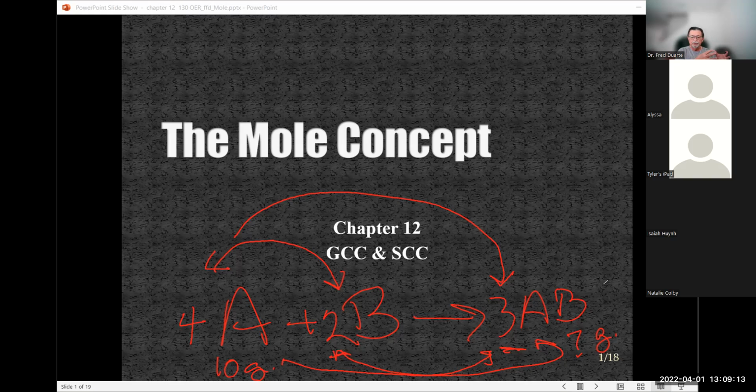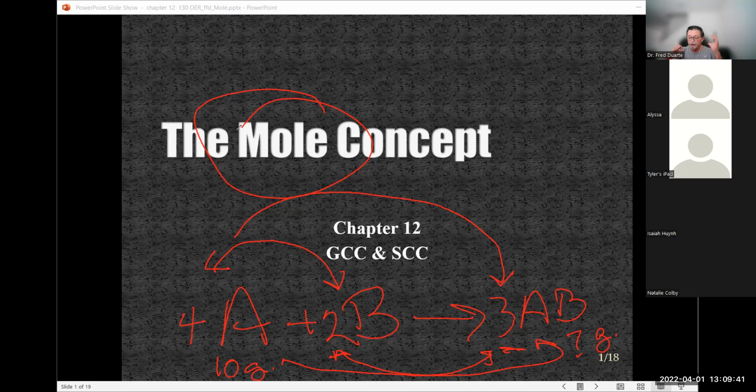And in order to calculate how much AB I make, I need to go through moles, okay? If I start with grams, I need to convert the units of grams into moles of A. And once I do that, now I can compare apples to oranges. Right now, without that concept of moles, I can't compare apples to oranges.